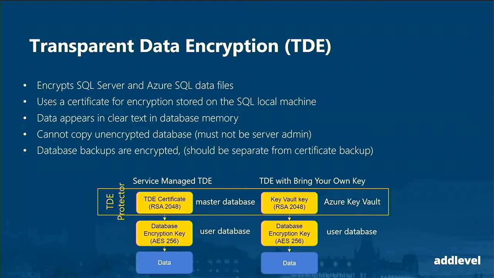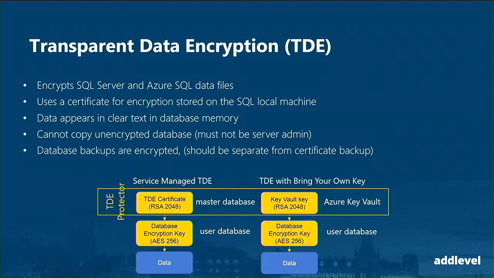So one example is that Richard was talking about. We can do transparent data encryption. That basically means that we encrypt the SQL server and, for that matter, Azure SQL data files. And we're using a certificate here for the encryption. And typically, if you do this on a local SQL, that certificate is stored in the machine.